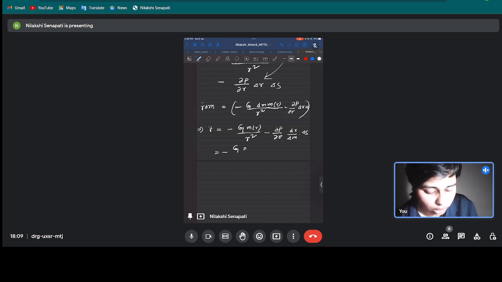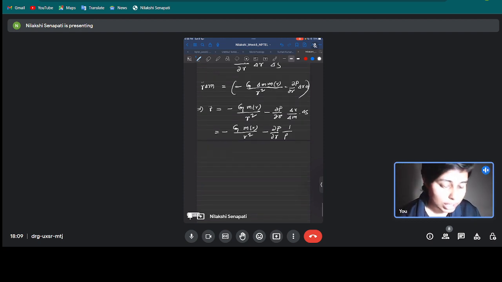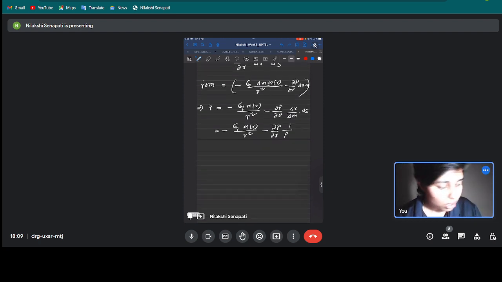This is nothing but 1 by rho, that is a variation, that is a density, 1 by rho, that is 1 by density. Sorry, del s by del m, these things. Because we are writing in terms of per unit surface area, and if it is dv, that is the total volume, then we know that del m by del v is rho, and here we are writing in a 2D plane.